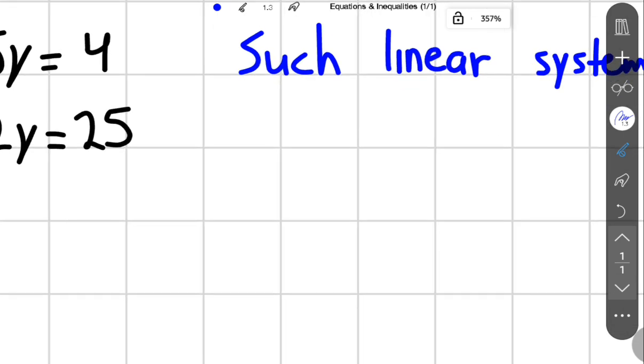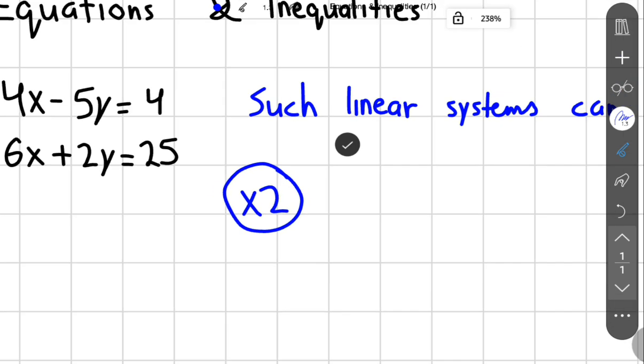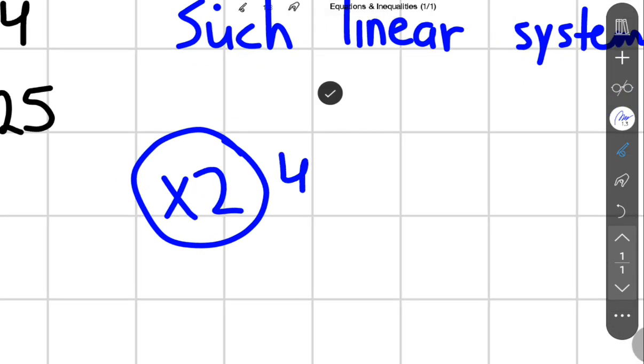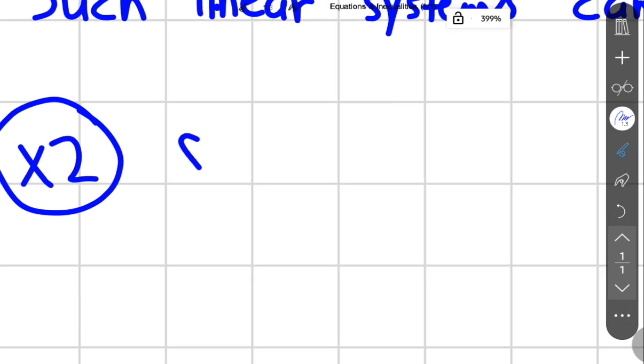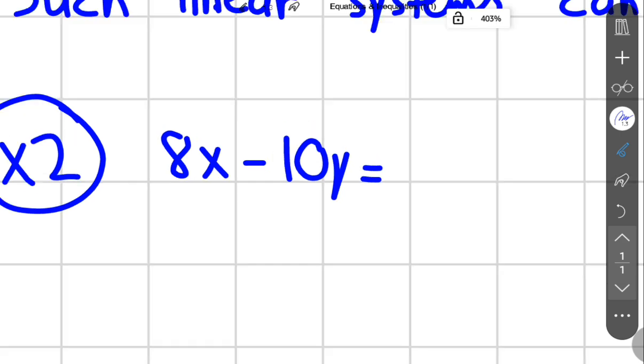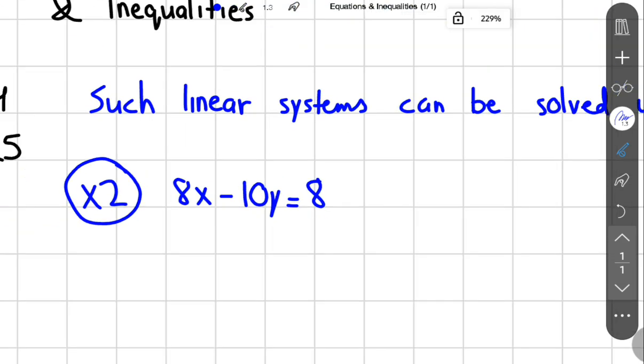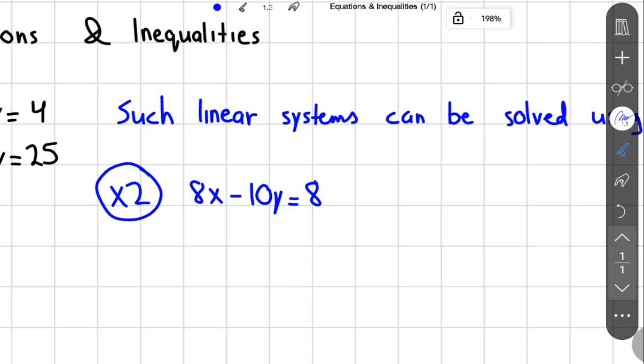So first we multiply by 2, this is for the first equation. 4x times 2 is 8x, minus 10y, equals 4 times 2, which is 8.